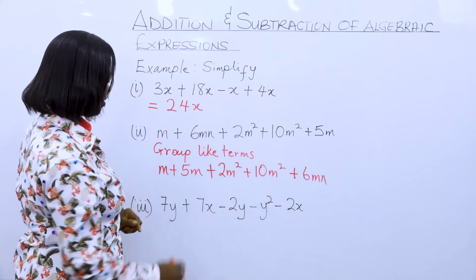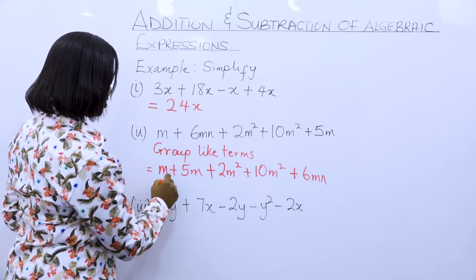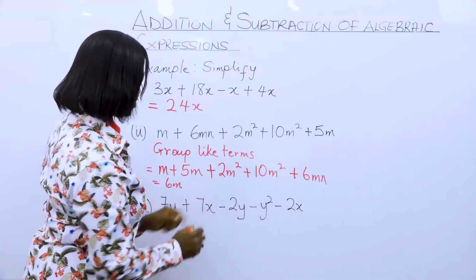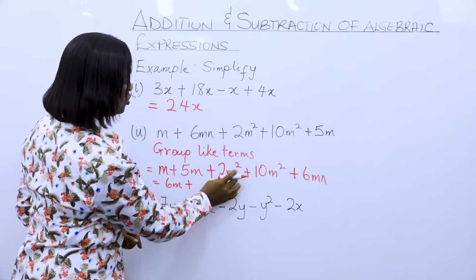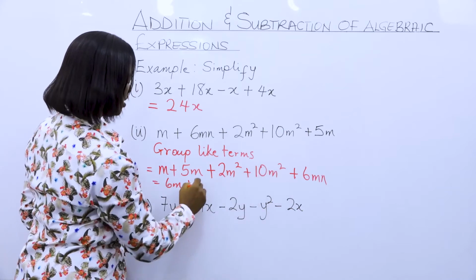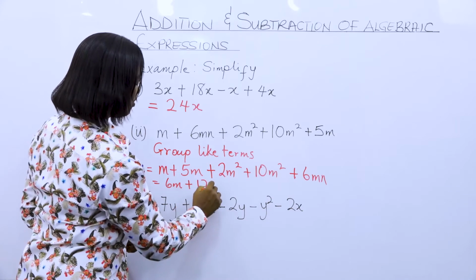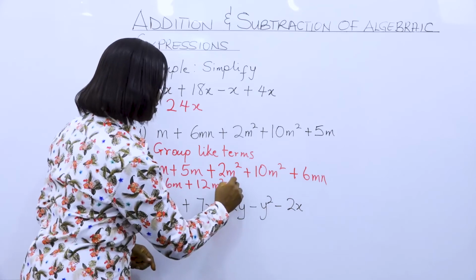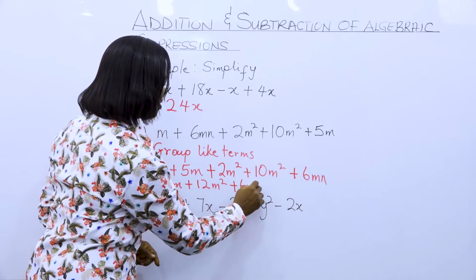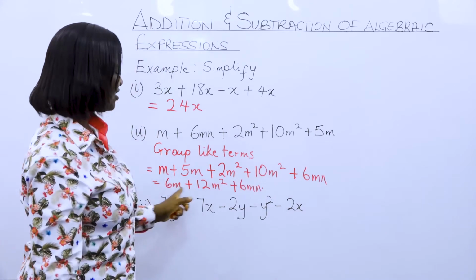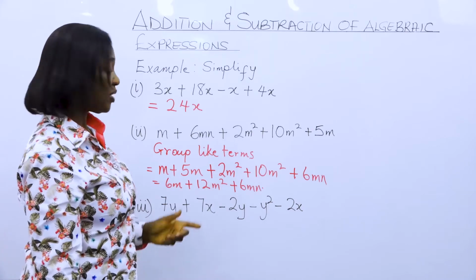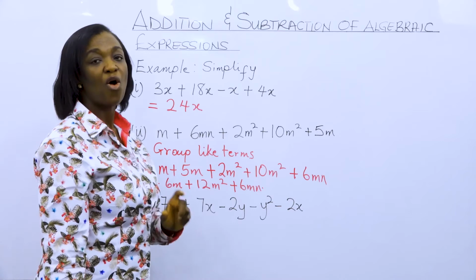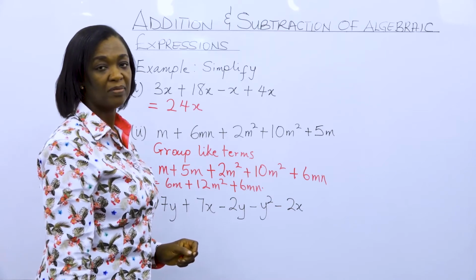And then this will give us 6m plus 2m squared plus 10m squared is 12m squared, and plus 6mn. That's the final answer, because these 3 terms are unlike terms.